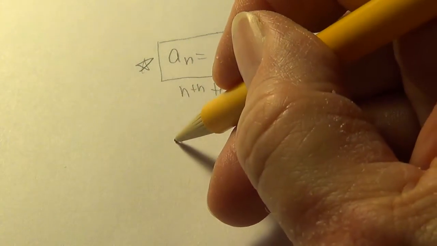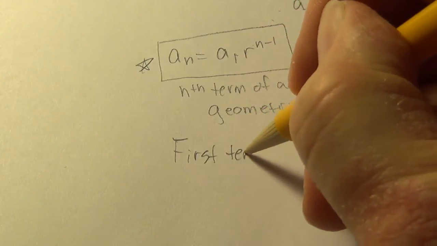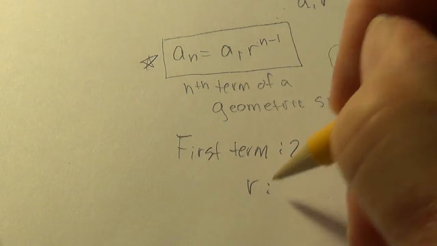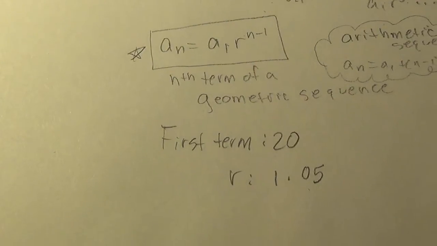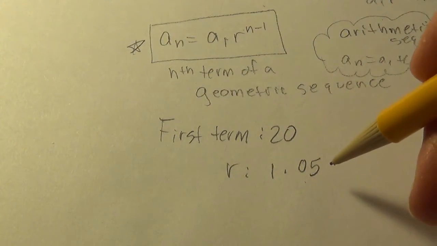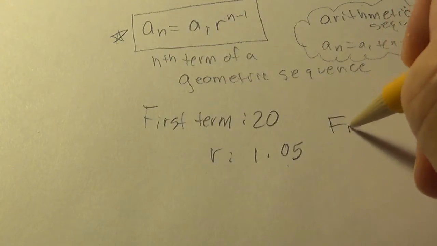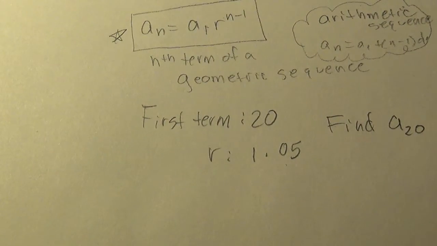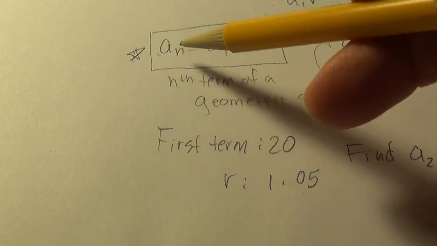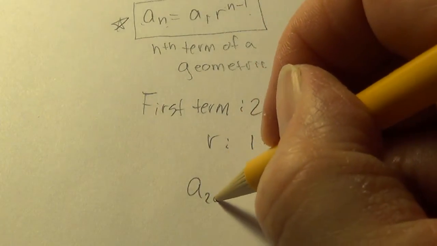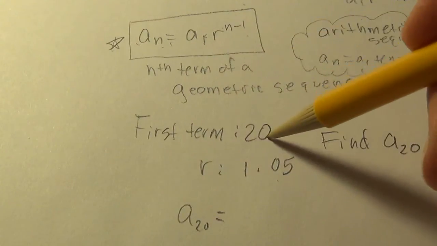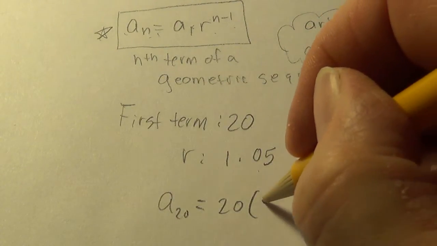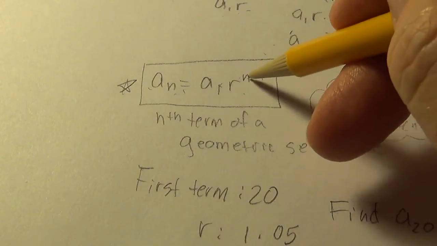Suppose that the first term is known to be 20, and the common ratio is 1.05. So it said it can be a fraction; this one is represented as a decimal. Find the 20th term, so that's a sub 20. In order to find the 20th term, we're going to use this new formula. A sub 20 is what we're looking for, equals the first term, which was given to be 20, times the common ratio 1.05, raised to the n minus 1.